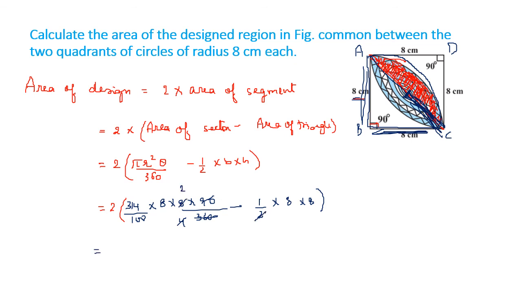And 2 1s are 2, 4s are 2. So we got 2 times. You can do the rest of the calculation. 8 twos are 16, 16 into 314, whatever you get, minus 4 eights are 32. So this upon 100 minus 32. Do the calculation and get the answer.